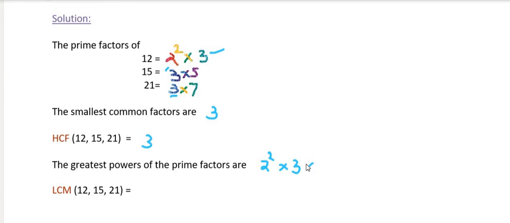The greatest power of 5 is 5 power 1 only, and 7 has the highest power 1. So we multiply all together, we get 420. So we got the HCF and LCM for the numbers 12, 15 and 21.